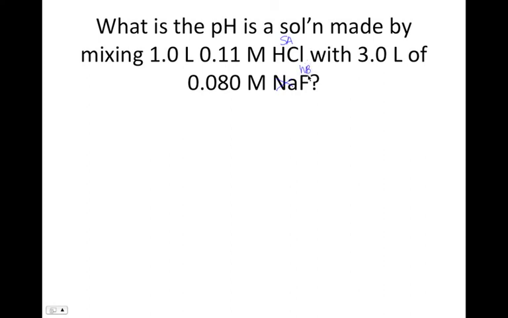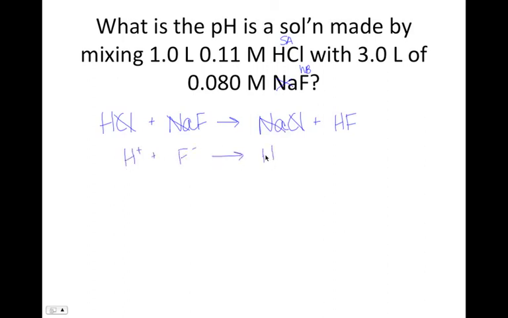So we could have a buffer, or we could just have excess of strong acid, so we need to figure that out. So we take HCl, add to that some sodium fluoride, and we're going to make sodium chloride and the weak acid HF. Chlorine ions cancel out, sodium ions cancel out, so that your net ionic is H plus F minus gives us HF.